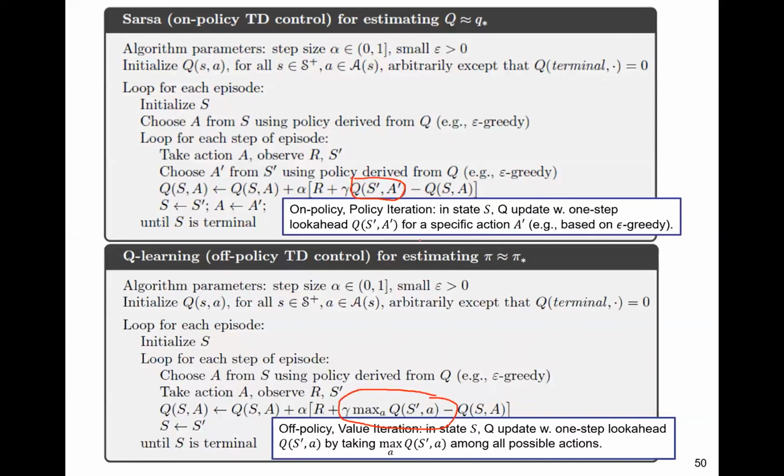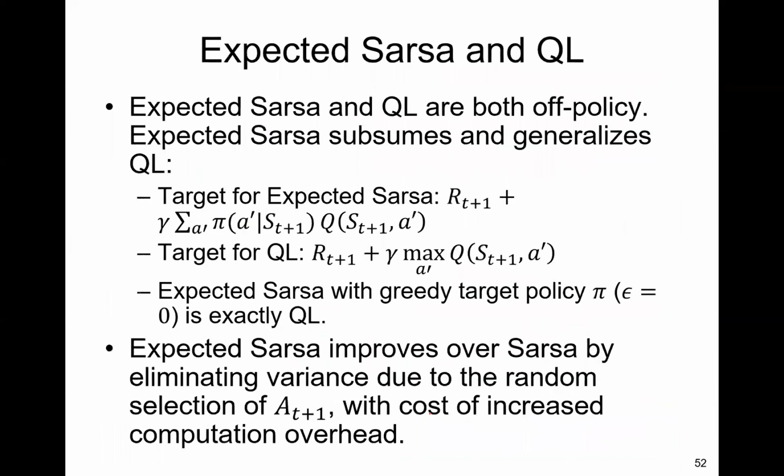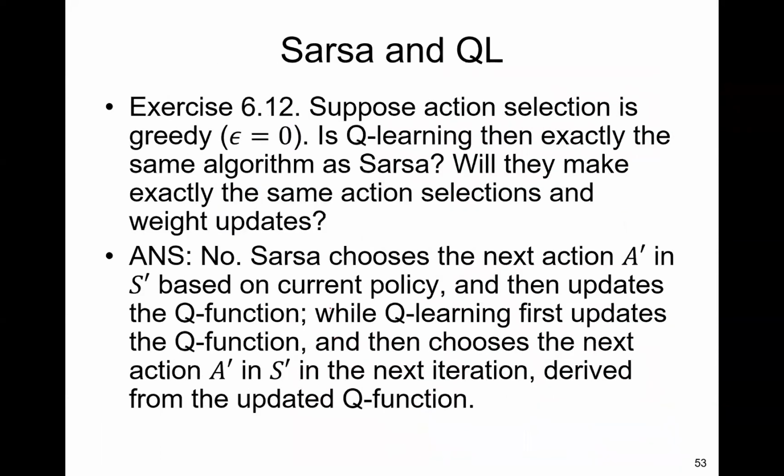If epsilon is 0, then these two are the same. However, the update and action selection are still a little bit different, as I explained here. Sarsa chooses the action before updating the Q, whereas Q-learning updates the Q and then chooses the next action.